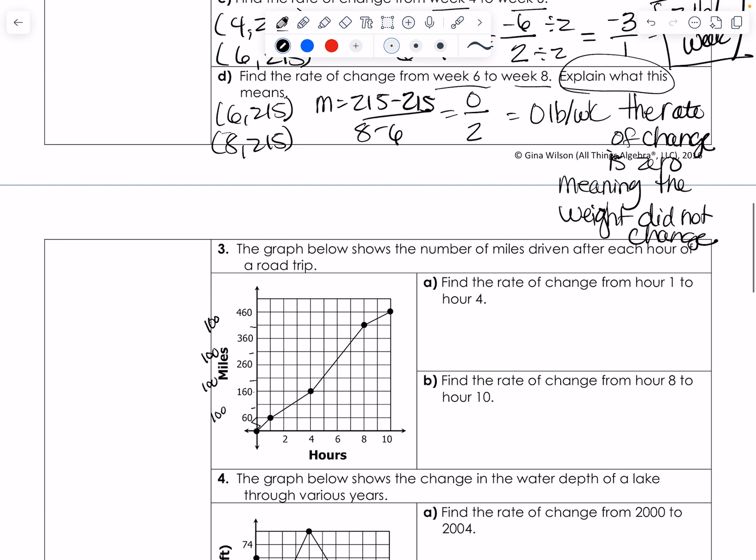So if we look at that, we have our first one. It says the rate of change from 1 hour to 4. Here's my hours. 1 is going to be 1 and 60, because it's 1 and 60.